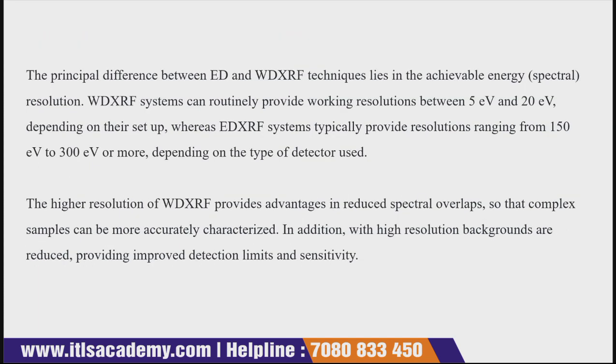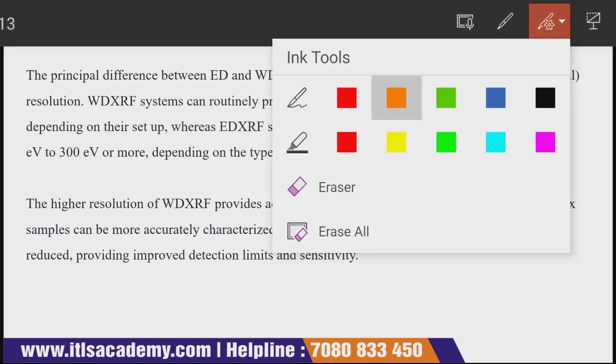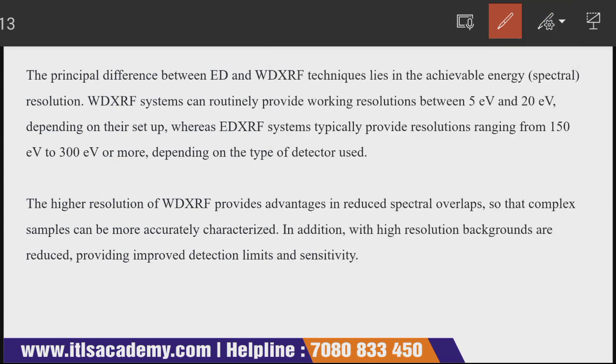Now moving to the next, that is the principal difference between the energy dispersive and the wavelength dispersion techniques. We have already covered the two methodologies. The difference lies in the achievable energy spectral resolution.